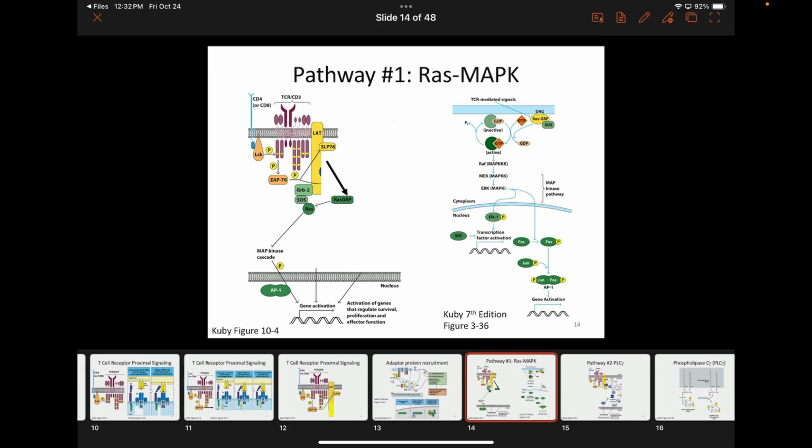It's actually the reason why junk is called Jun kinase. You can also see FOS and Jun right here. So here's RAS, RAF, MEK, ERK. We turn on FOS, we turn on Jun. And Jun is technically turned on by junk, which is the Jun kinase.